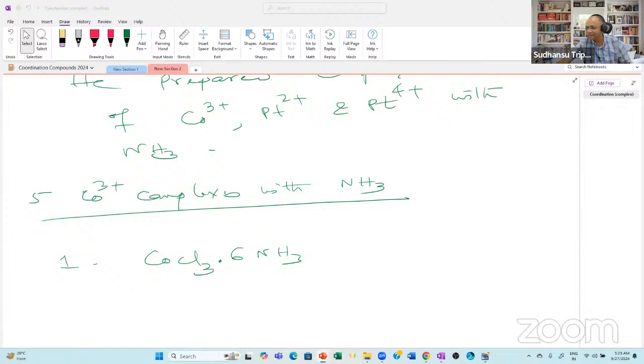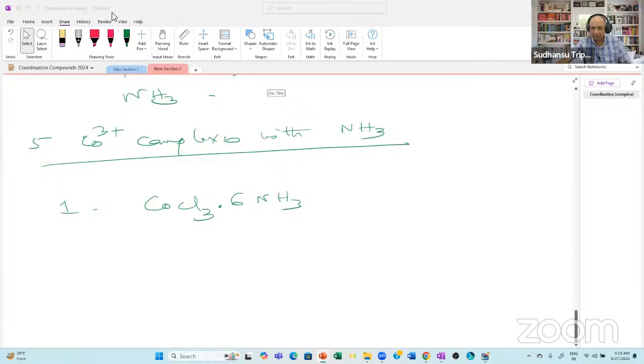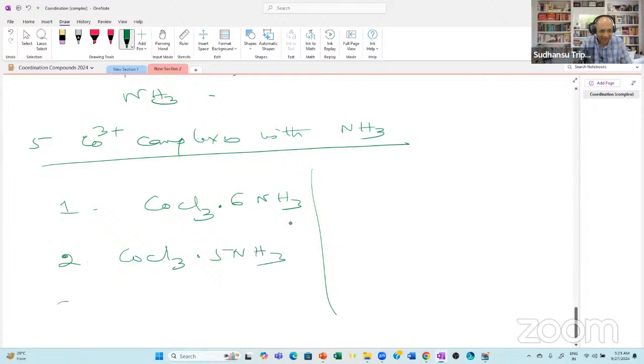I will tell you the color in some time. And another compound, CoCl3.5 ammonia. Another compound, CoCl3.4 ammonia.